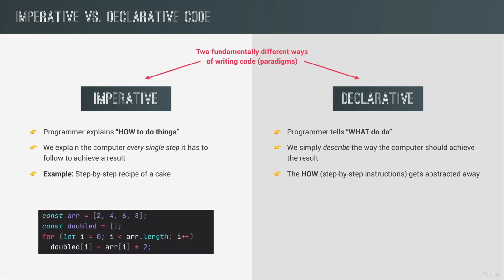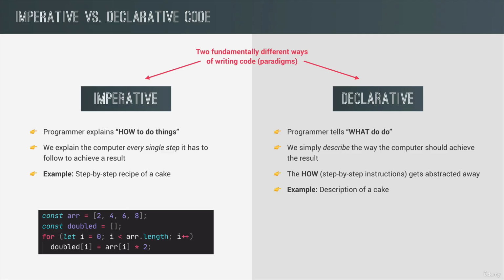So we do not care about them. And going back to our cake example here, the declarative way of instructing someone to bake the cake would be to simply describe that cake to the person, and then the person would have to come up with the step-by-step recipe on their own. So simply describing the task and the result that should be achieved is the declarative way of doing it. All right.